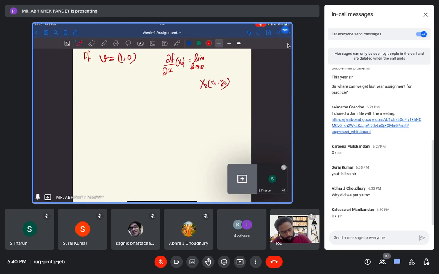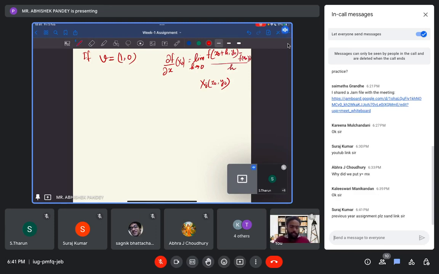So limit h tends to 0, f of x naught plus h comma y naught minus f of x naught comma y naught upon h. This is the definition of partial derivative with respect to x at x naught, isn't it?